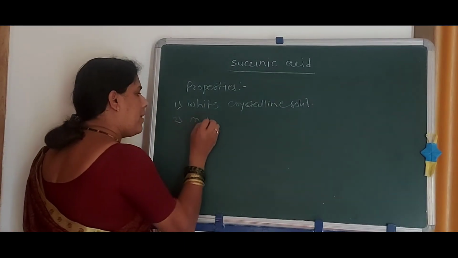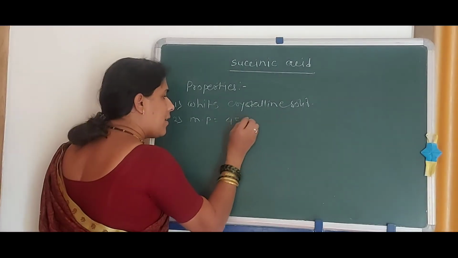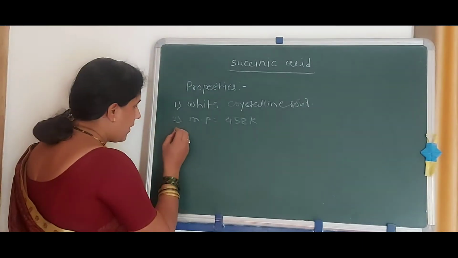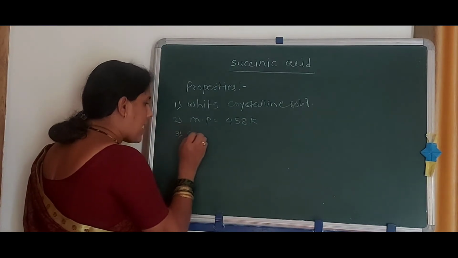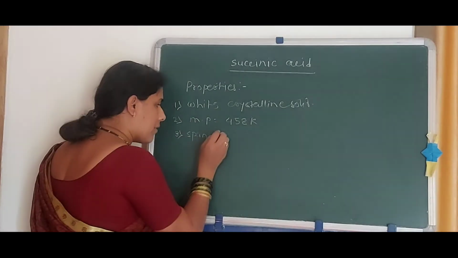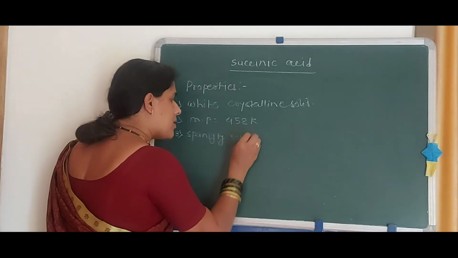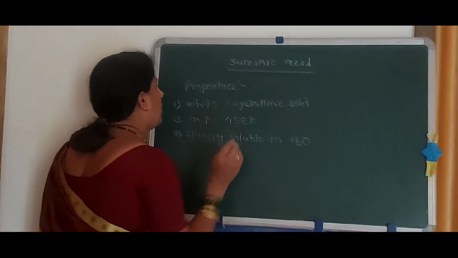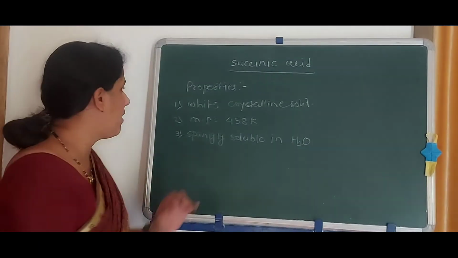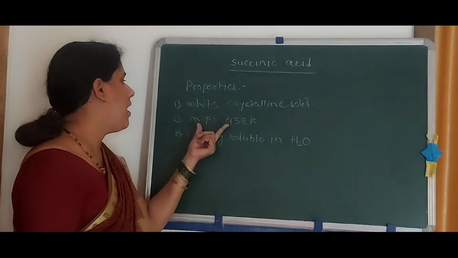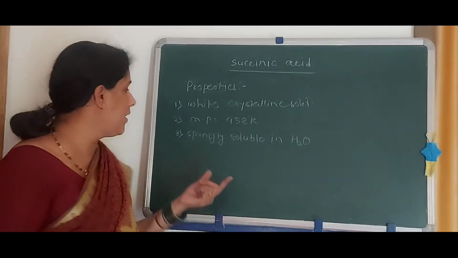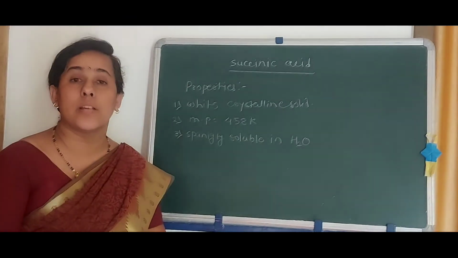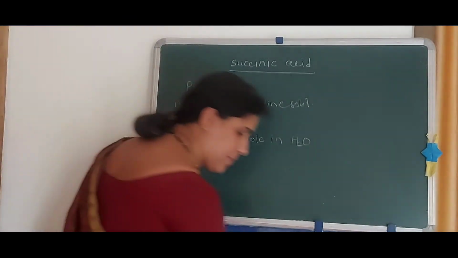It is having MP equal to 458 Kelvin, and third is it is sparingly soluble in water. Okay, these are the properties. First, it is a white crystalline solid having MP equal to 458 Kelvin. It is sparingly soluble in water. Now we are going to discuss some chemical properties.